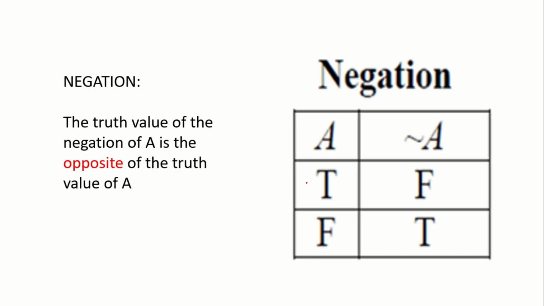If we have proposition A, then the negation is just the opposite. The truth value is just an opposite. Since we only have one proposition, we only have one column for its negation.